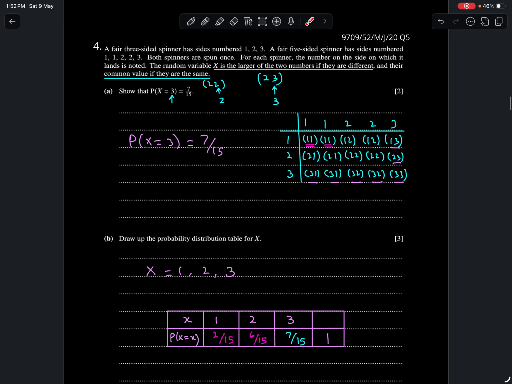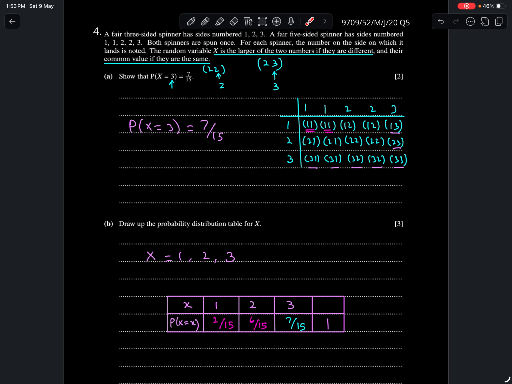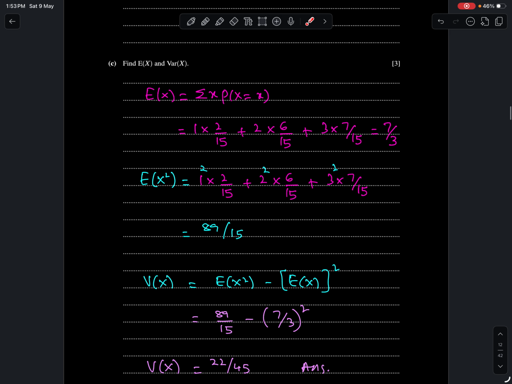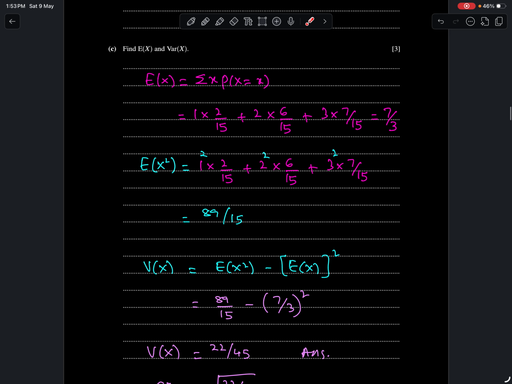So possibility space diagram makes the question very simple. See the solution, please. Since I have to cover representation and permutation, this is the last question of probability distribution.